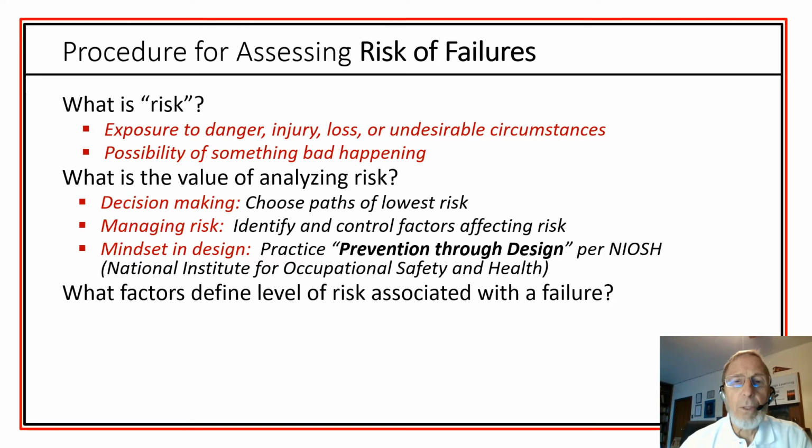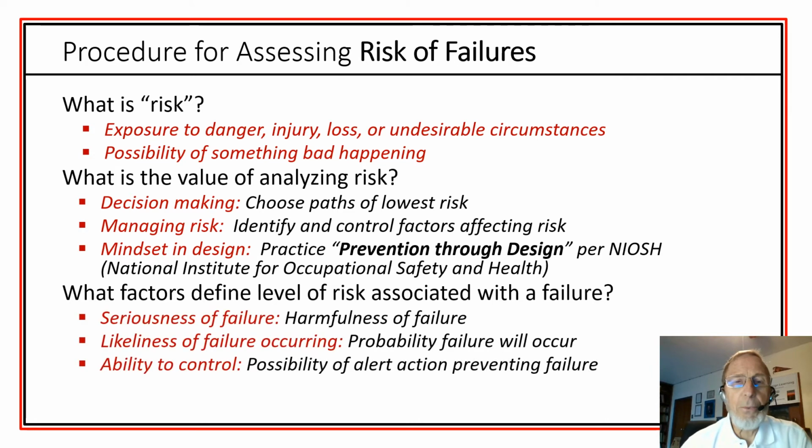What are the factors that go into defining the risk associated with a failure? There are three. One is called seriousness of the failure. In other words, how harmful is it if this failure occurs? What are its impacts? The second is a likeliness that this failure will occur.